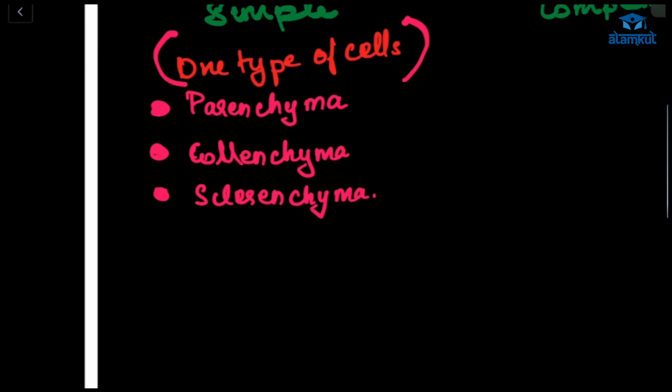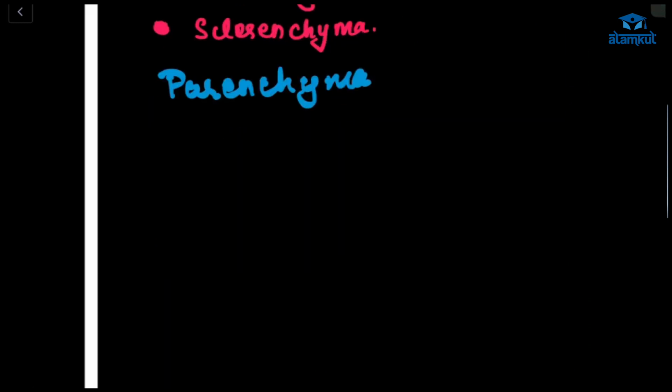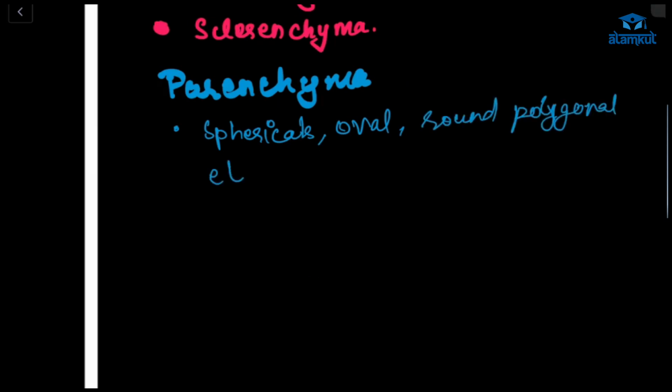In parenchyma, we have cells which are spherical, oval, and polygonal, any shape, and they are elongated. Elongated means stretched. So the cells may be spherical, oval, round, polygonal, or elongated in shape.